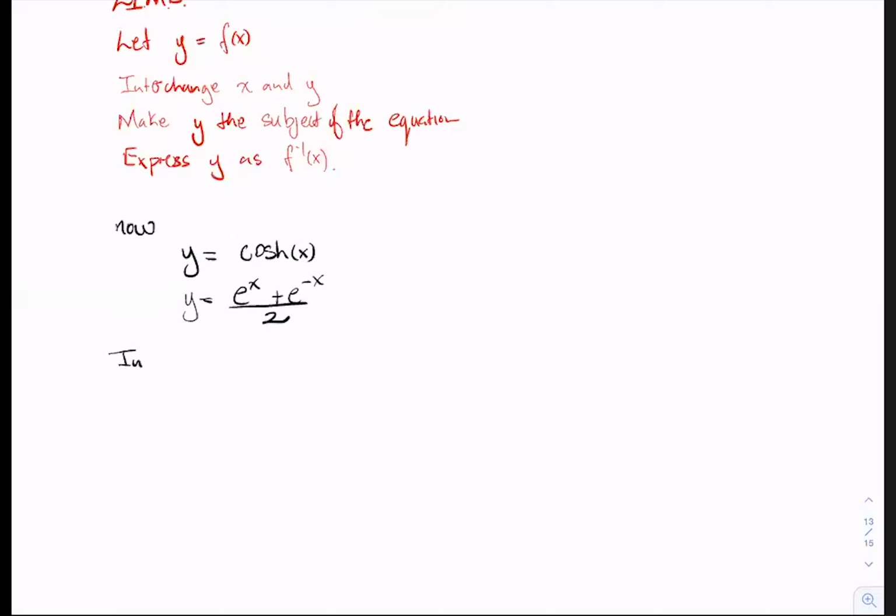So interchanging gives x equals e to the y plus e to the minus y, divided by 2, right? So let's transpose, or make y the subject.